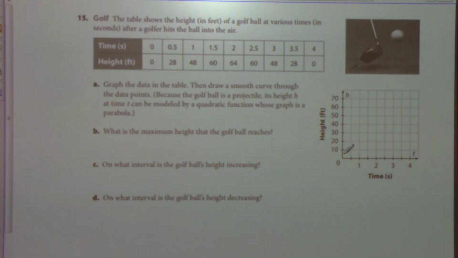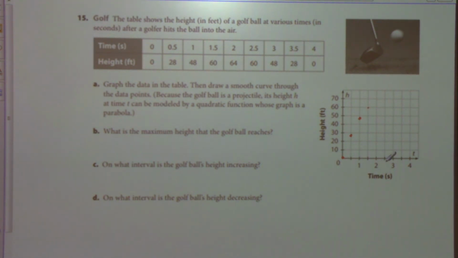So we have 0, 0. We have 0.5, 28. We have 1, 48. And then what's the next one? 1.5, 60.